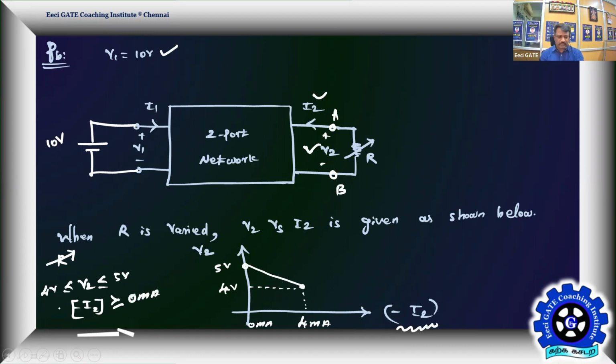As the voltage decreases, the current increases up to 4 milliamps. This is your V2 and this is your minus I2, given graphically. We have to play with this.